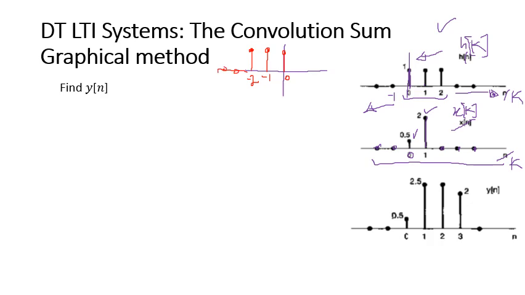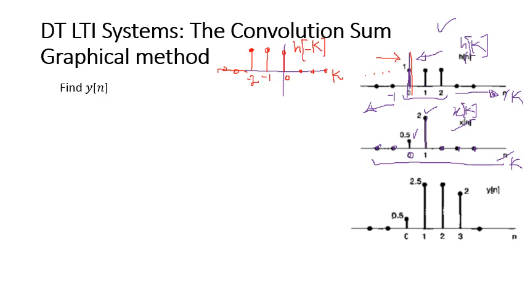Similarly, if I put a mirror here and look in this direction, all these values are 0, so I will get something like this. Remember that this is your variable, which is k now. So this is what you obtain, that is h of minus k.